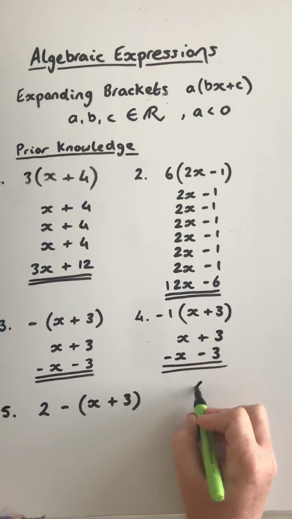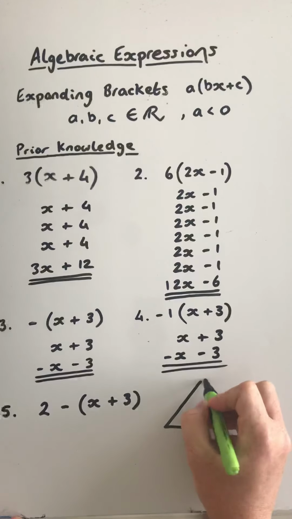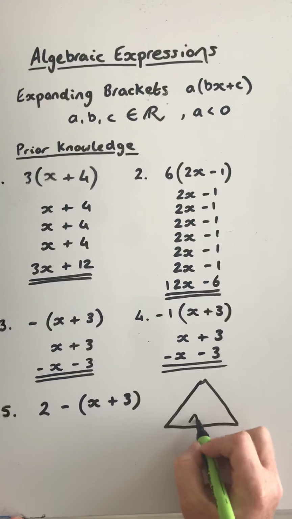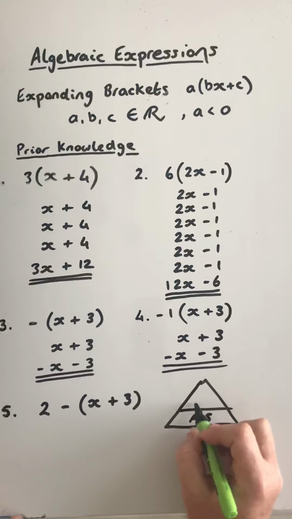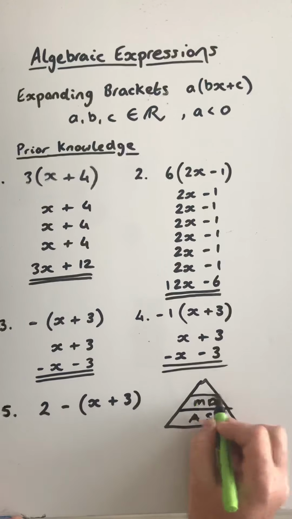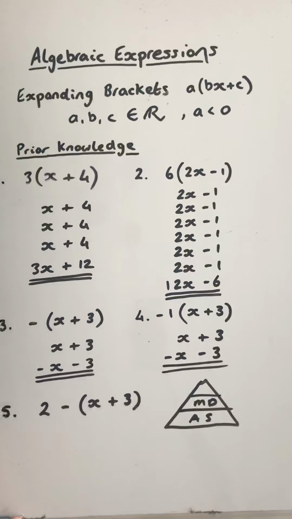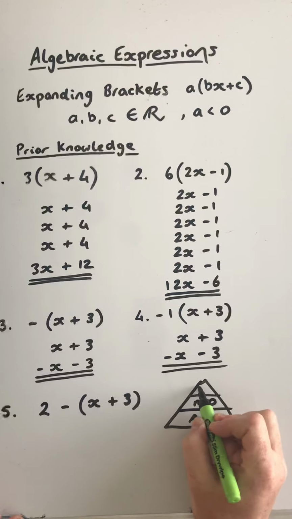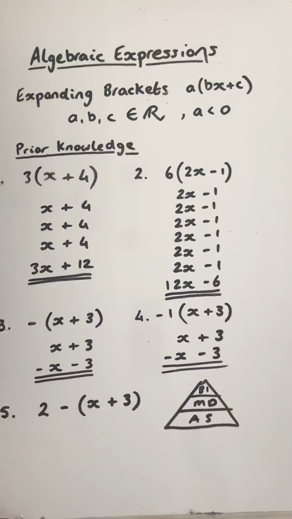You can think about them as a pyramid, so the multiplying and division can be applied from left to right. It's not multiplication before division, or division before multiplication, it's how it's presented to you. But you must do the brackets and indices firstly.